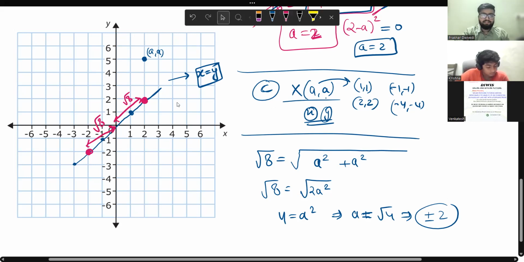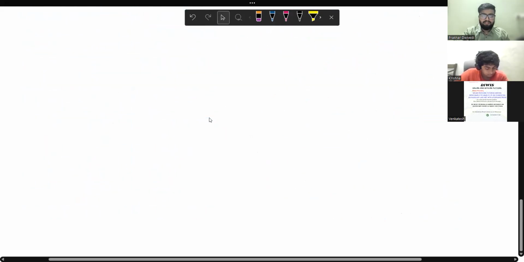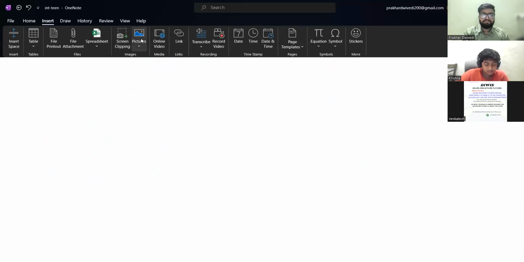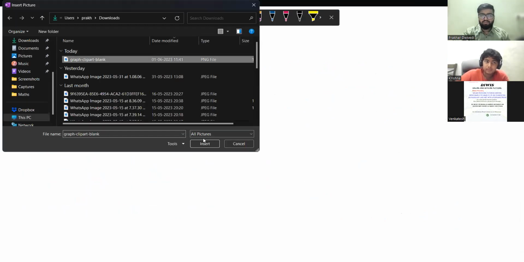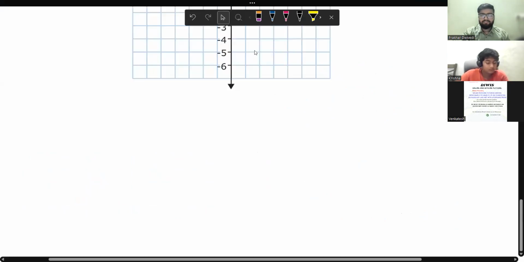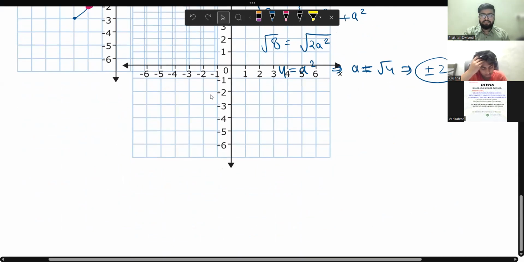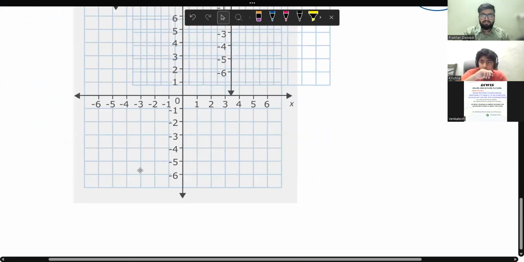Next one, D. D tells us what? A point A 0, 1 is equidistant from P and Q. Good point. What does equidistant mean? Equidistant means they're having an equal distance from those points. So 0 comma a is at equal distance to 3 negative 1 and negative 2 2.